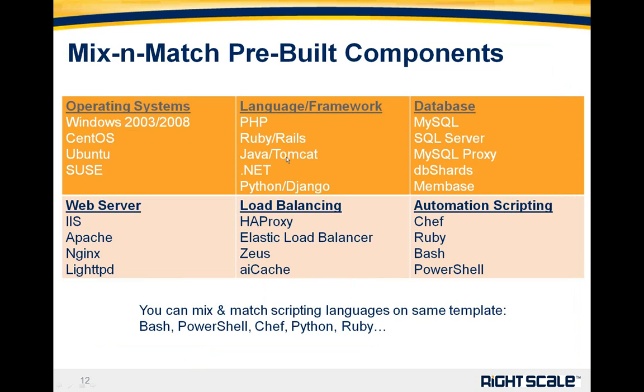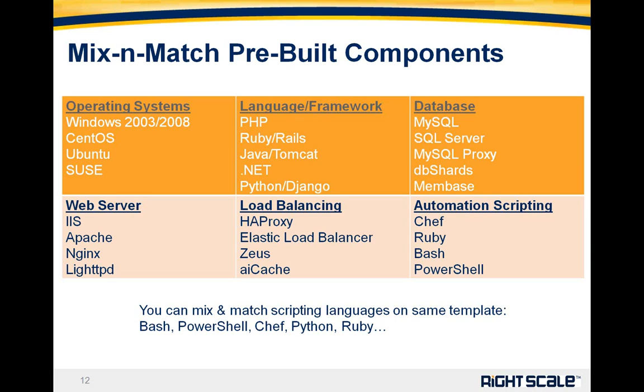Great, so we'll keep moving. One thing that I showed in the demo but want to reiterate is how you can mix and match components. We have a lot of components in our library: different operating systems, different languages for app servers, PHP, Ruby, Tomcat, .NET. We have templates for different databases.